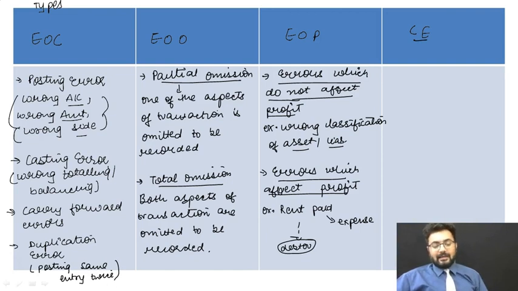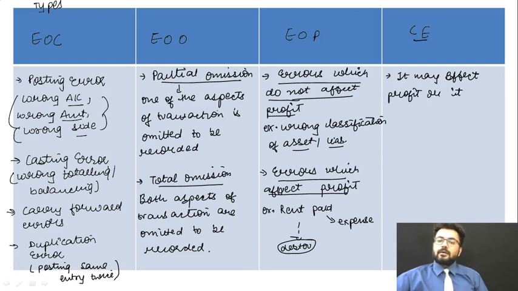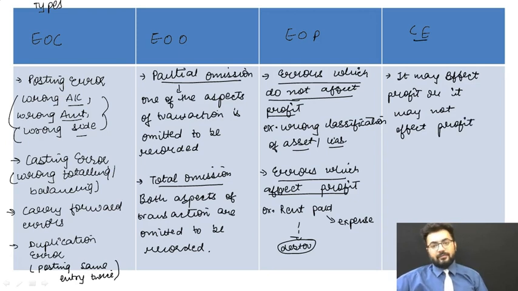So CE, compensating errors. Now what does this mean? Compensating errors, you are going to write down a couple of lines about it. There are no such classifications, but it may be classified as it may affect profit, or it may not affect profit.